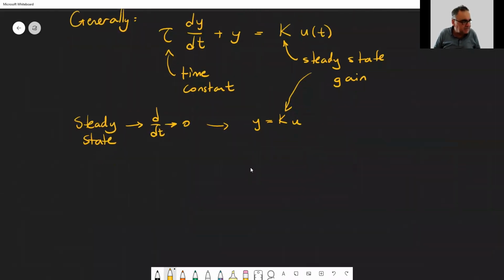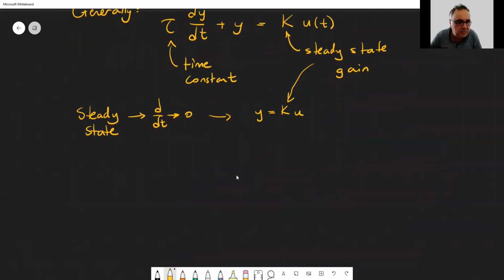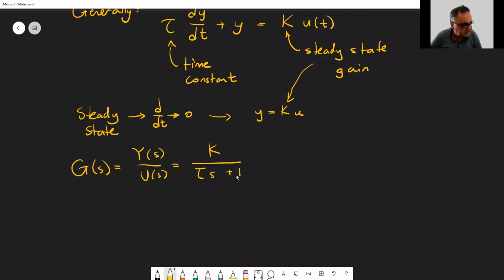The transfer function, as I have written above, the g of s is y of s over u of s, is equal to k over tau s plus 1. This is a typical transfer function. You might have it given like this, or g of s might be given to you as some b divided by s plus a.